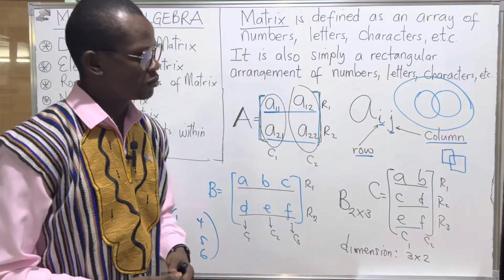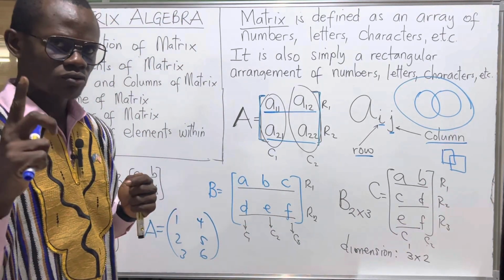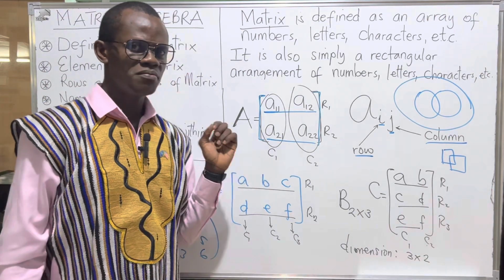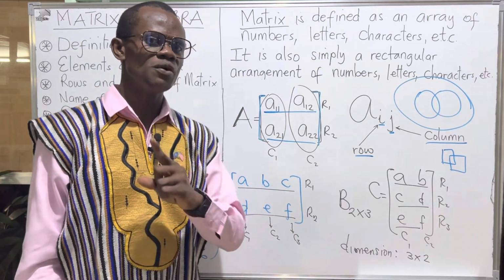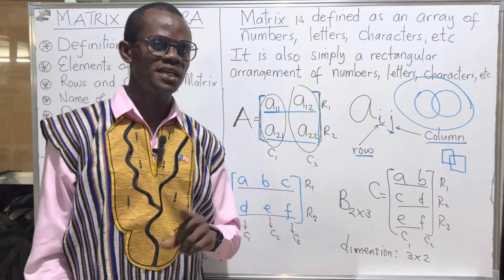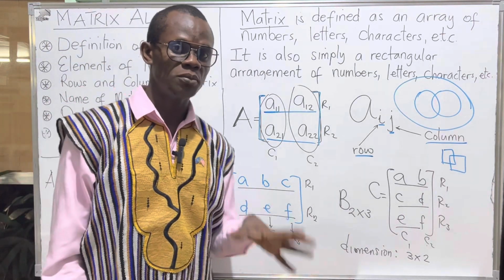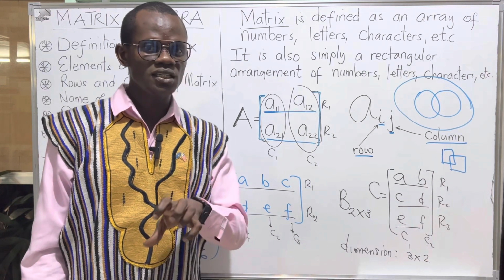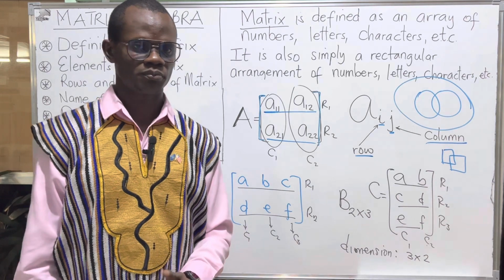Before I leave, I just want to mention one thing. In every given matrix, the number of elements in every row must be the same, and the number of elements in every column must also be the same.